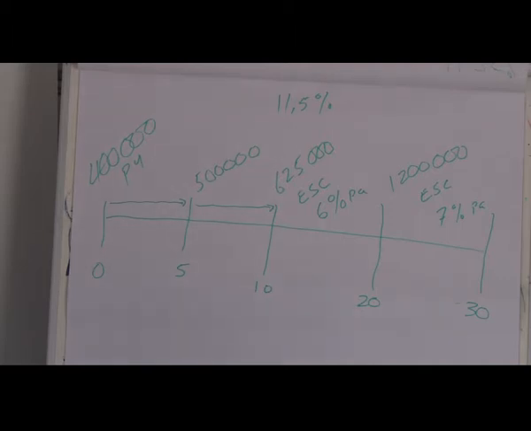Now your second term is from year 6 to year 10. It's a similar calculation, where you have a payment of 500,000 plus minus, that's your payment. It's also for a 5-year term, and at 11.5%.